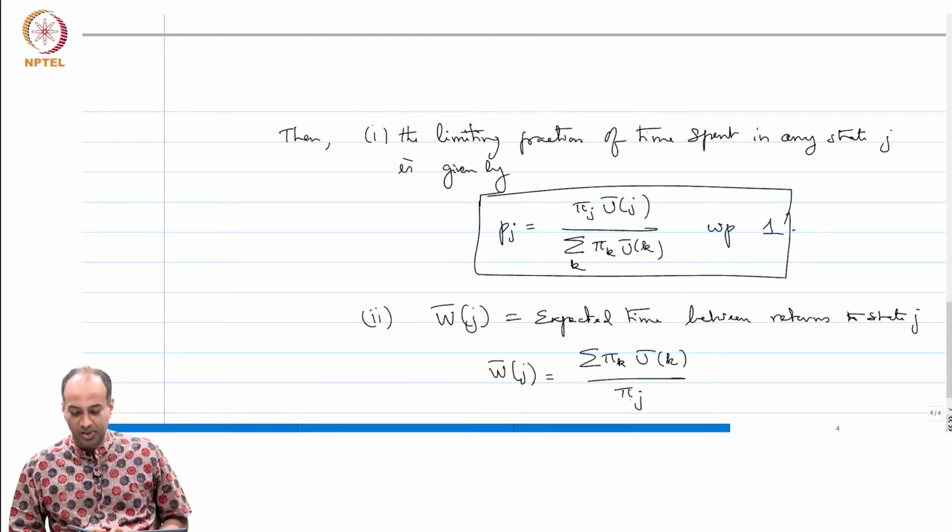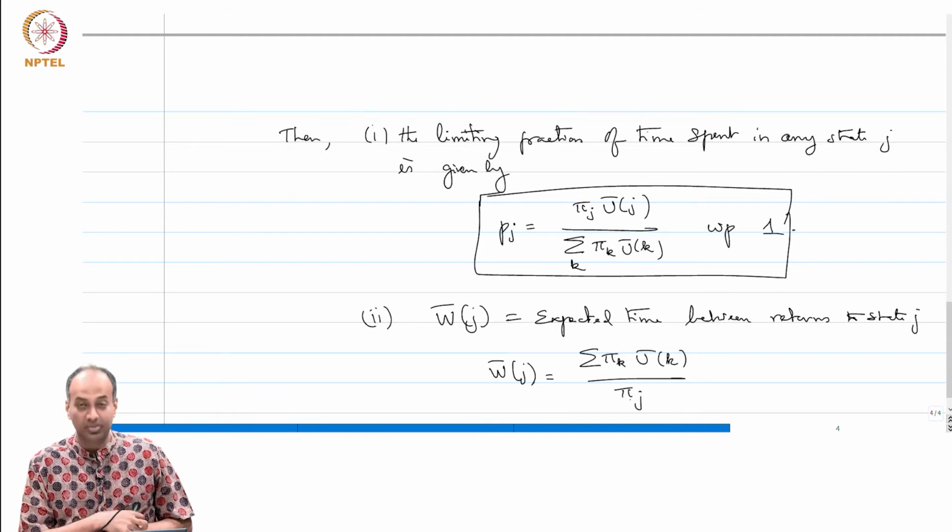Remember that pi j w bar j was a constant in the CTMC case, which we could find out later, and something similar holds even in the semi Markov case.